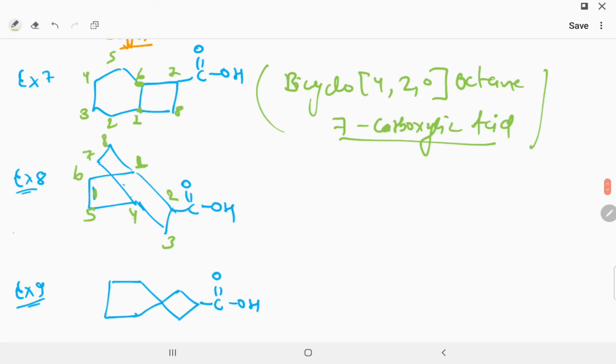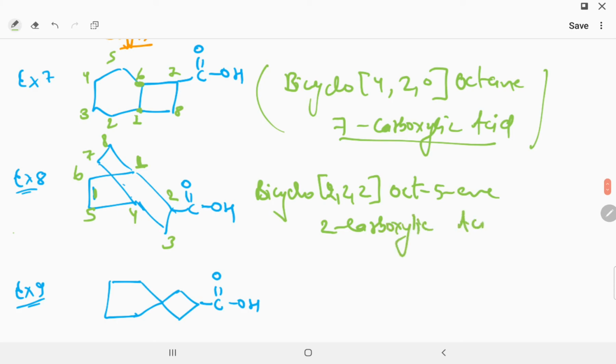All are having 2 common carbons in this. So we say bicyclo 2,2,2 oct-5-ene-2-carboxylic acid.